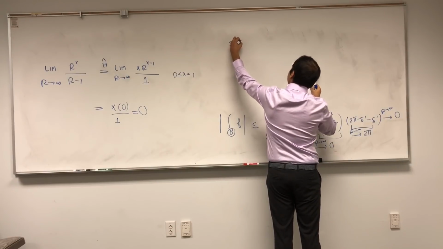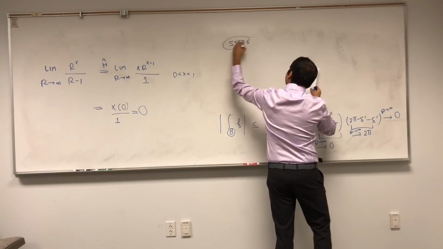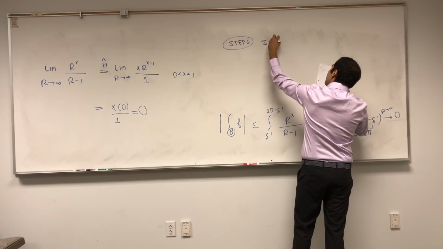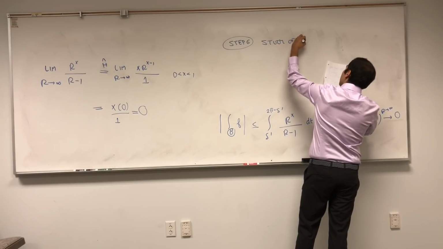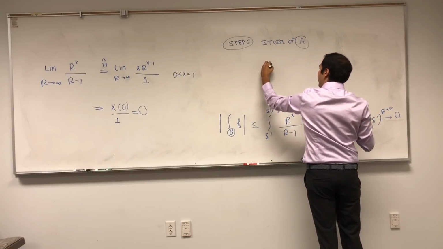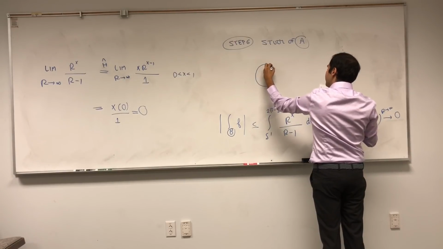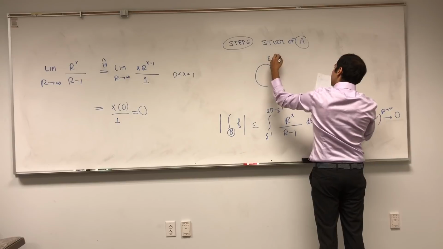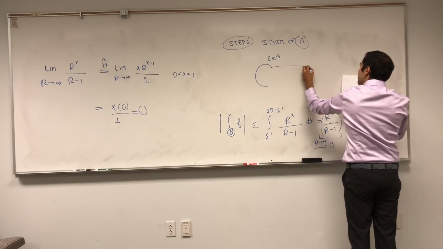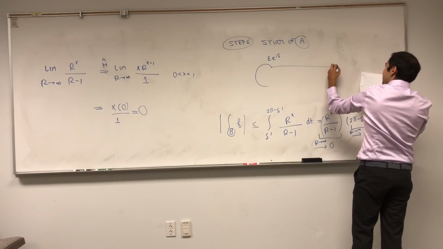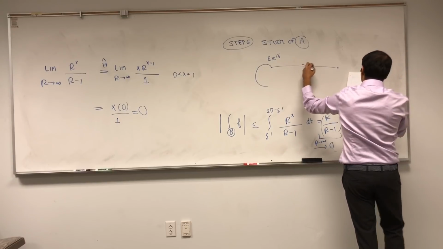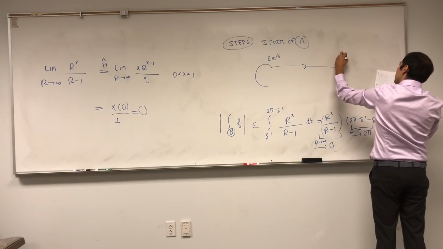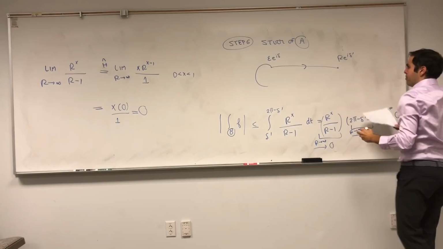So step 6, let's now study A. So what is A? Remember, we started with this point, ε e^{iδ}, and it goes to the beginning of the upper circle, which is r e^{iδ'}.